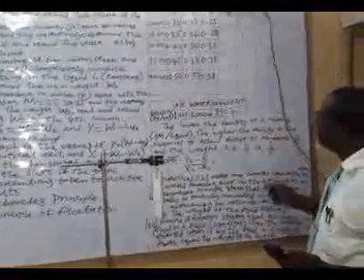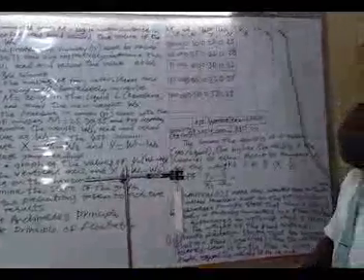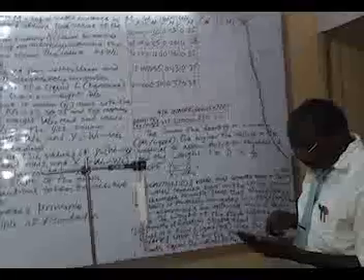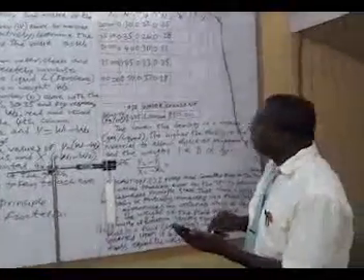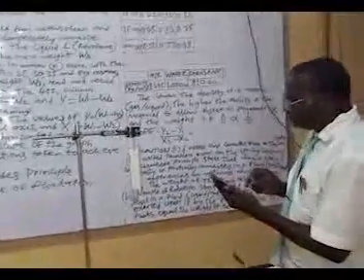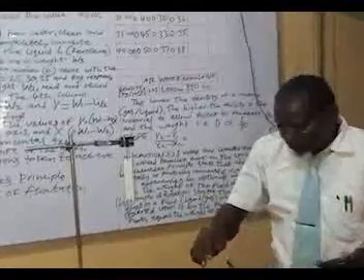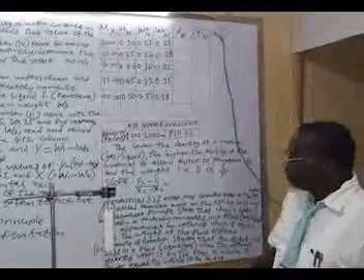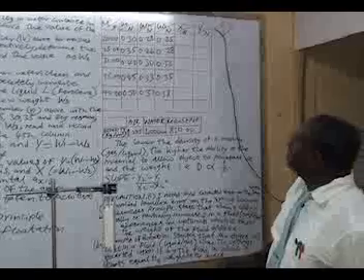X column is W1 minus W2. And the first W1 here is 0.3 minus 0.25, which is 0.005. No, Y. Okay, Y, sorry.